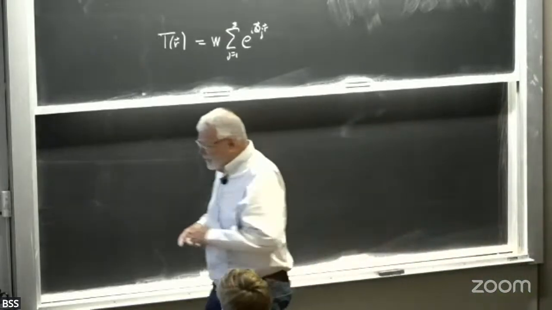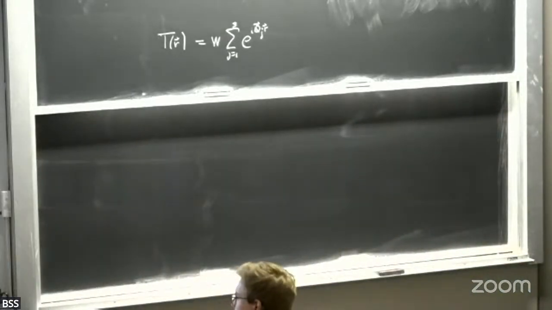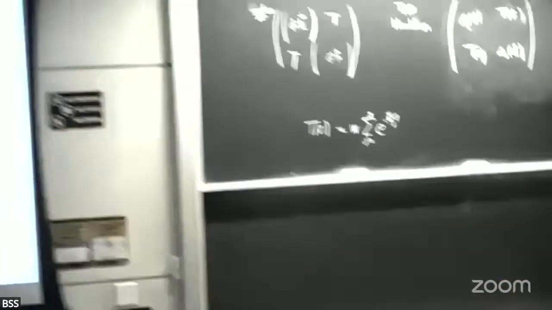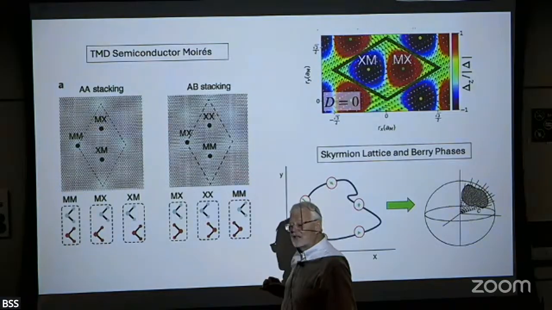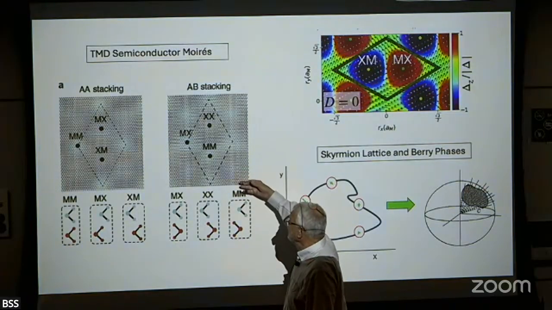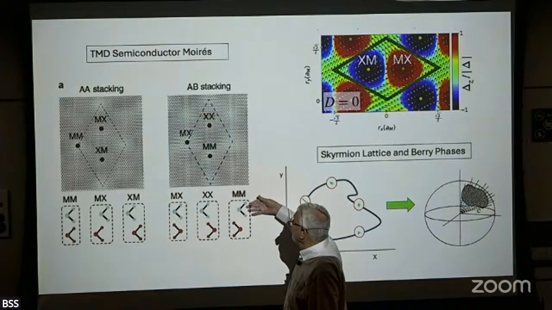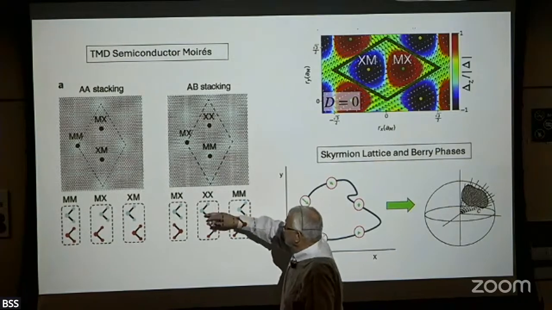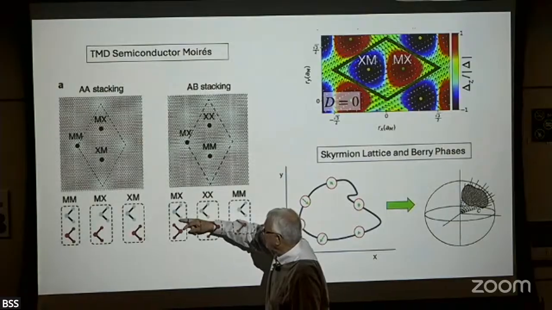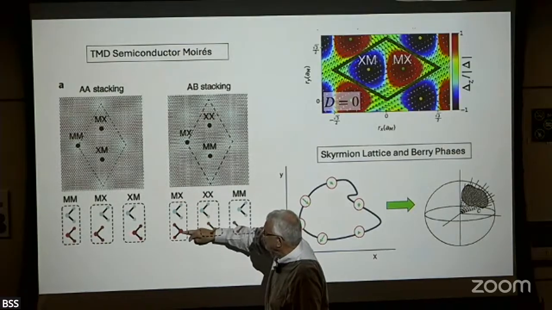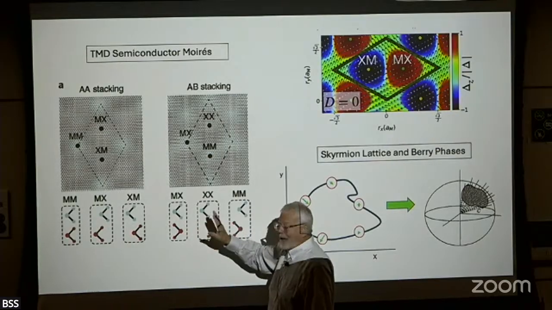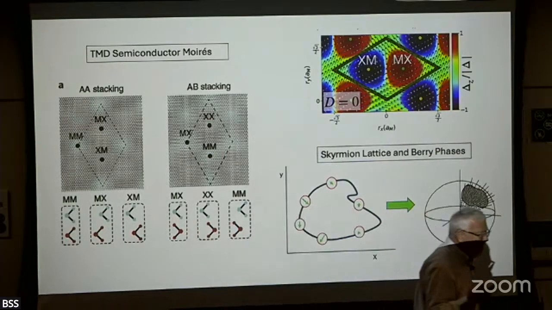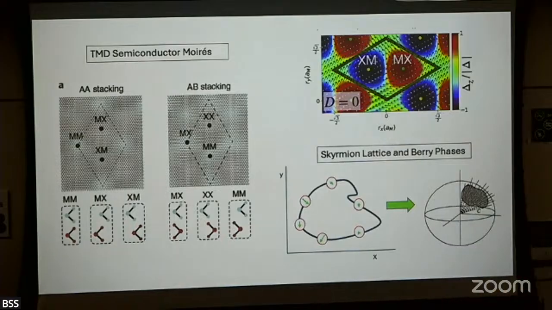So the Moiré patterns in these homobilayers always come from twists. And we can consider in these bilayers two qualitatively different types of Moiré patterns. The structure that's shown on the right-hand side here, in which the chalcogen layer below has been rotated by 180 degrees around the z-axis relative to the chalcogen layer above.